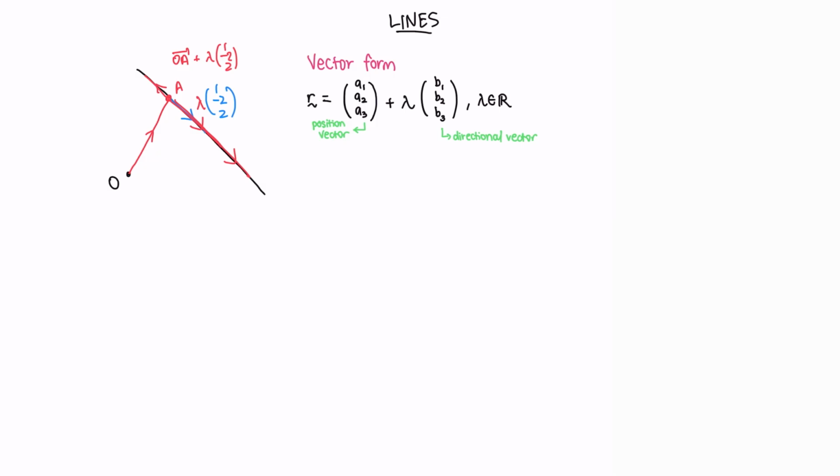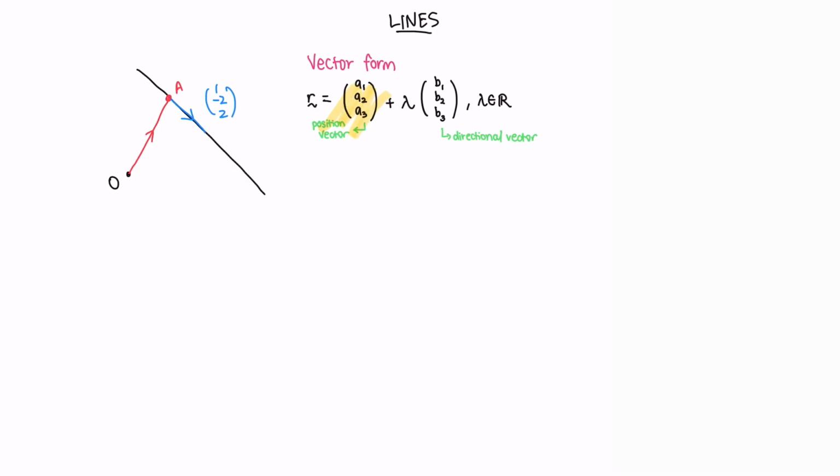And as such, this will give us the position vector of every single point on this line by varying the value of lambda. This is what we call the vector form of the line. R, which is the position vector of all the points on the line, will be equal to the position vector of any point on the line. So let's say OA, or if we have another point, maybe D, we can use OD.